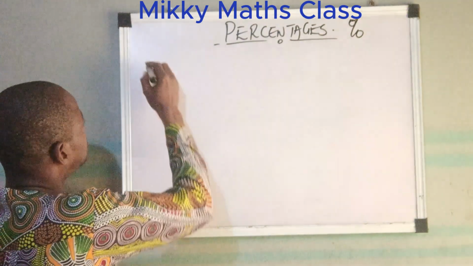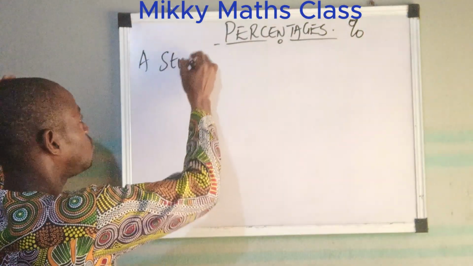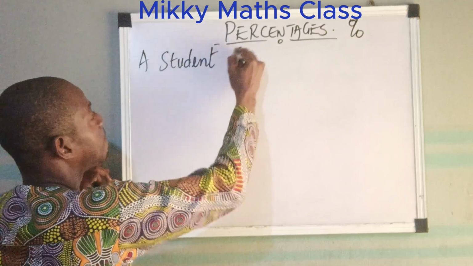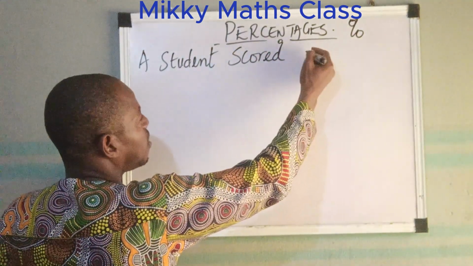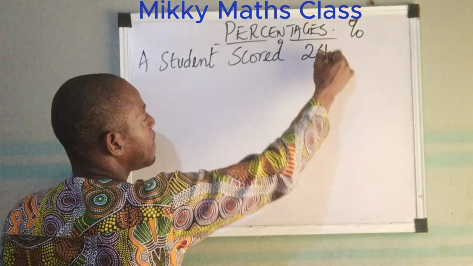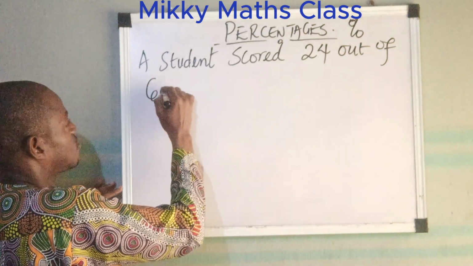Let's take example 1. A student scored, let's say, 24 out of 60 marks.